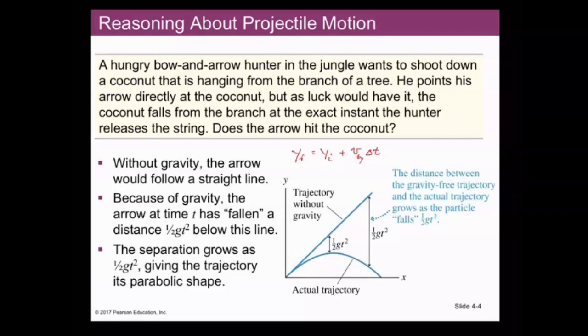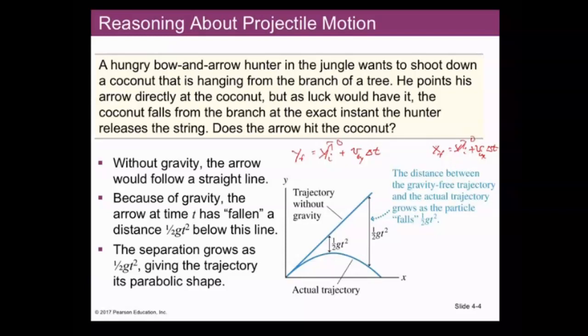we know that its x component will have the equation x final is equal to x initial plus v initial x times delta t. Let's assume that y initial and x initial are 0.